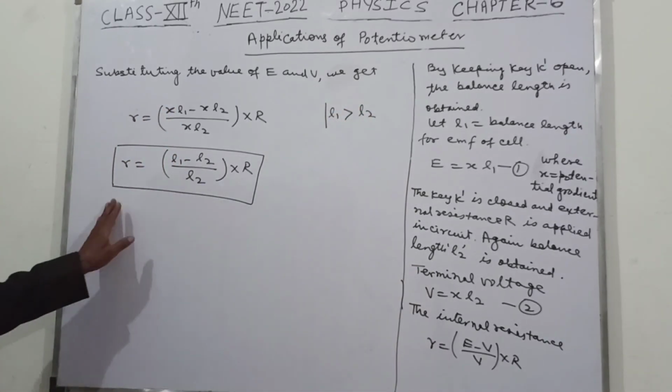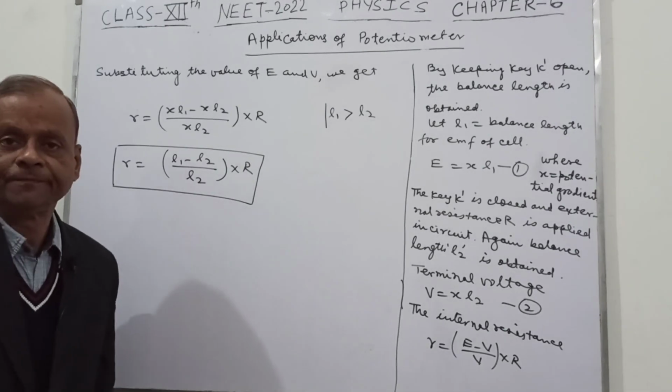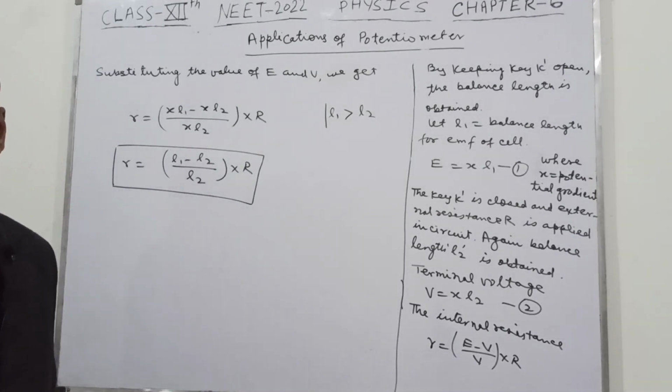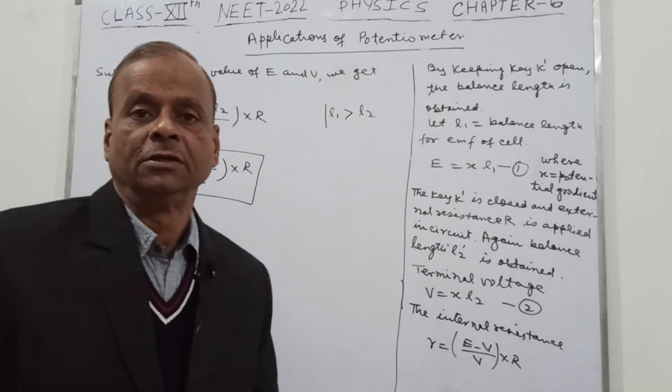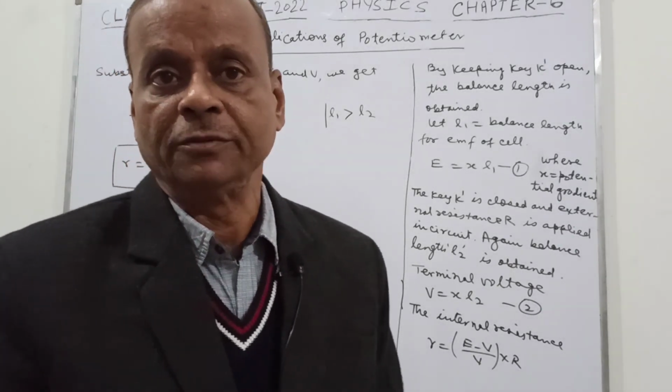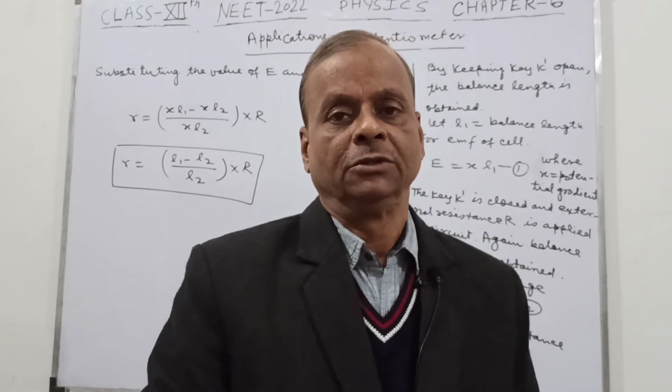So by using this formula, you can obtain the internal resistance of the primary cell. So this is how to measure the internal resistance of the given primary cell. So thank you.